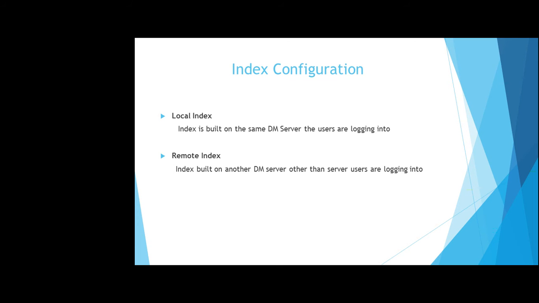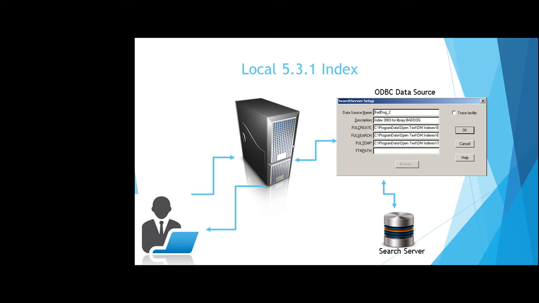So the big thing to keep in mind when you're working with customers is, are they local or remote? 90% of our customers run remote indexes. They very rarely have the index on the same server the users are logging into. But that's a great thing to start thinking about when you're grabbing an indexer ticket: is this a local or remote index?